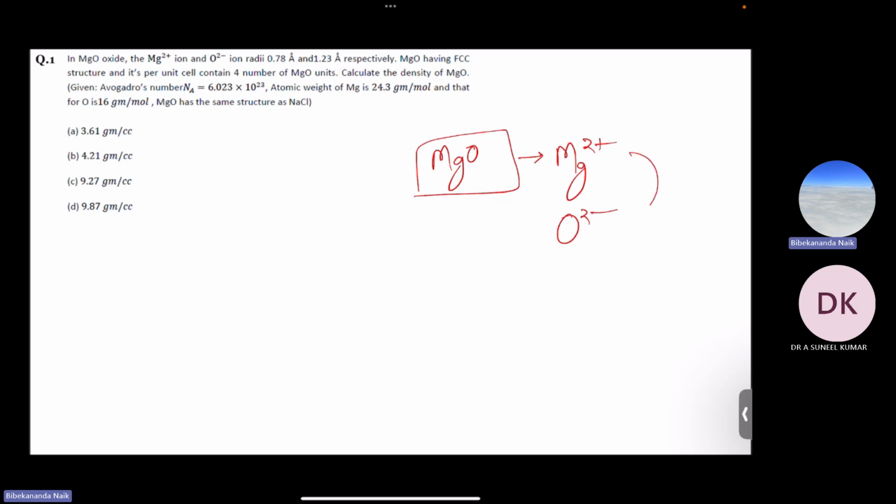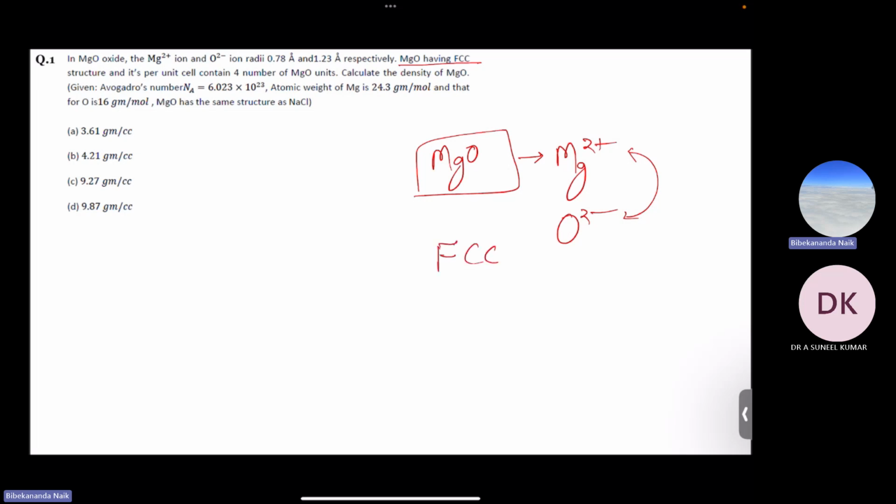So an ionic bond is formed between them, due to the force of interaction, that is attraction as well as repulsion, because attraction will take place between their charges and repulsion will take place between the electron clouds. So they undergo a particular type of crystallization structure, and that is FCC. Here it is mentioned magnesium oxide has FCC structure.